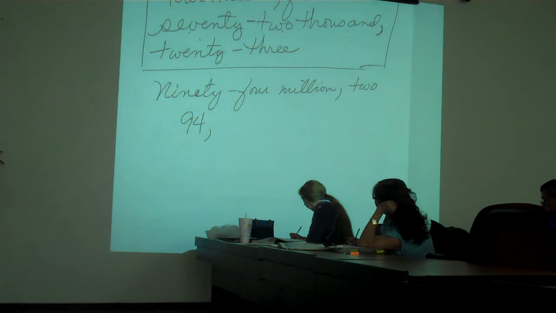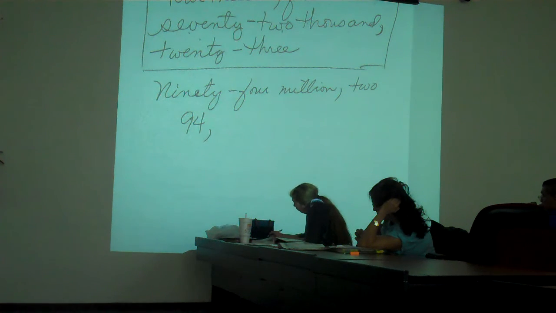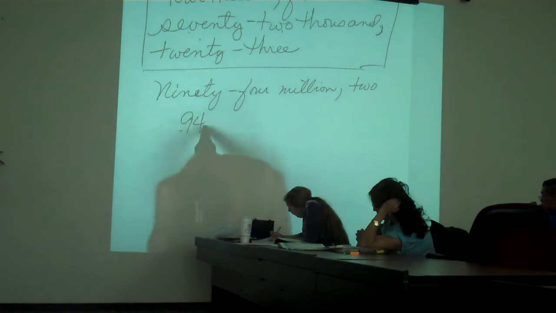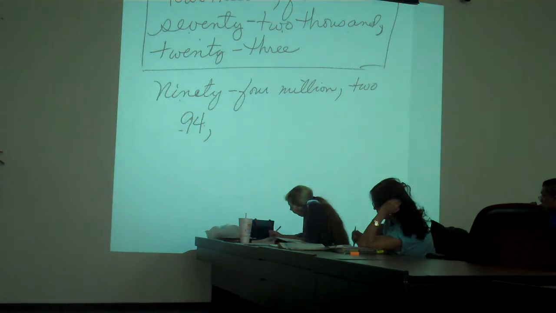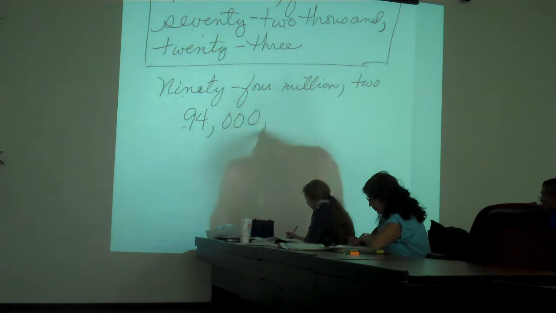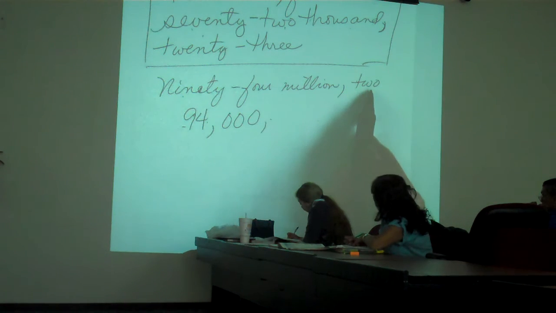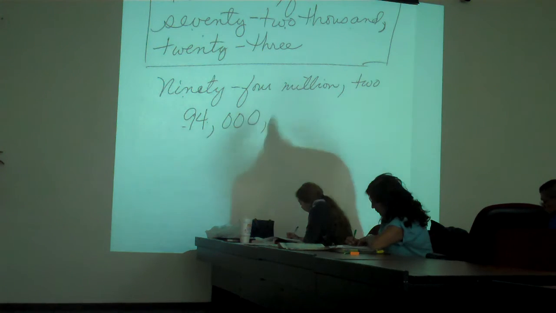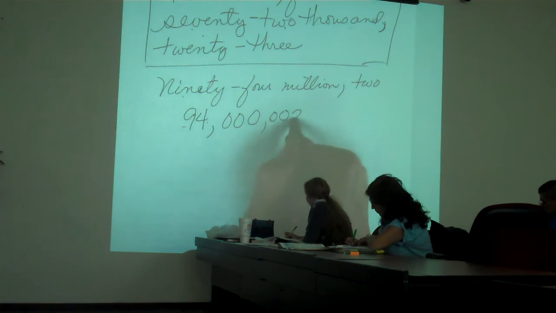Anywhere you have 94, you need that dash. 94 is written 90-4. There's no thousands here. And in our hundreds period, we just have 2. So 0, 0, 2.